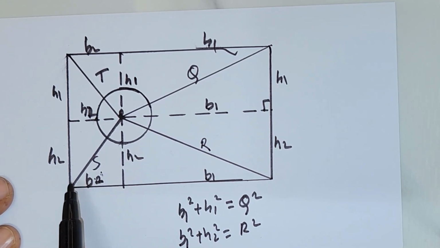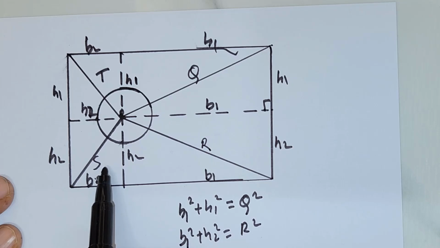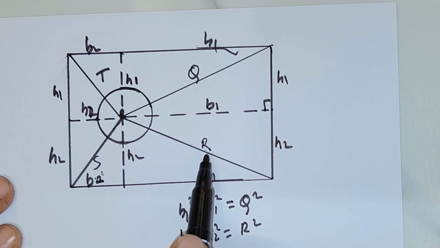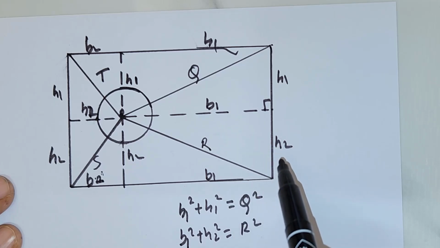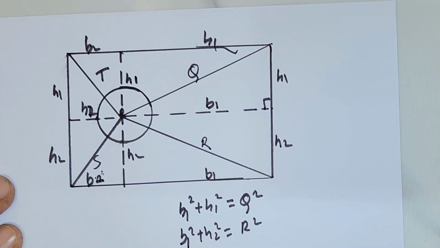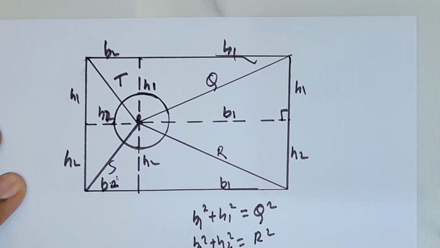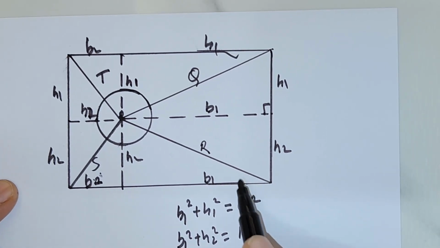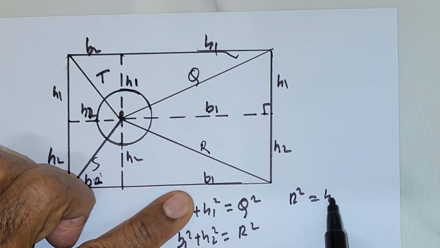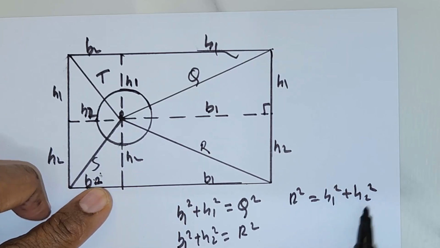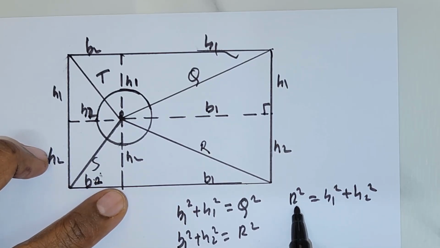Now coming to this triangle, because we have included r with this triangle, because the height changes but the base remains the same. Okay, fair enough. So from here, r squared would be equal to b1 squared plus h2 squared. So this is the next variation for r squared.